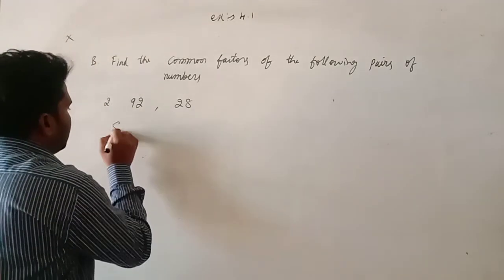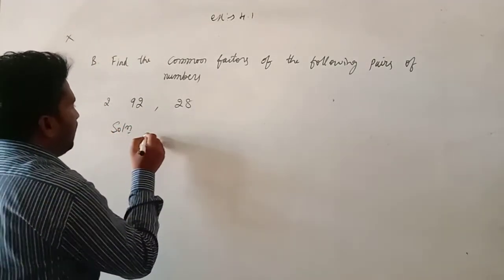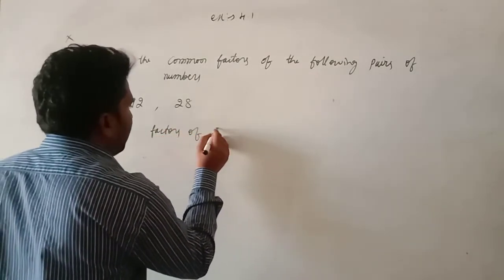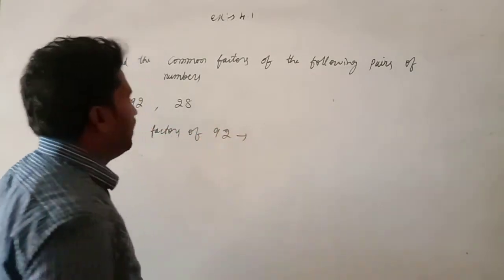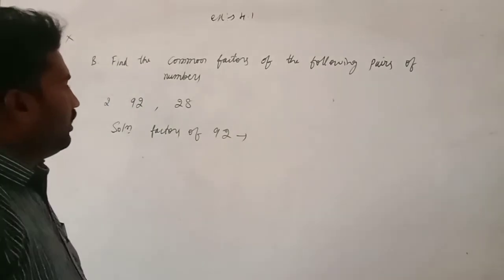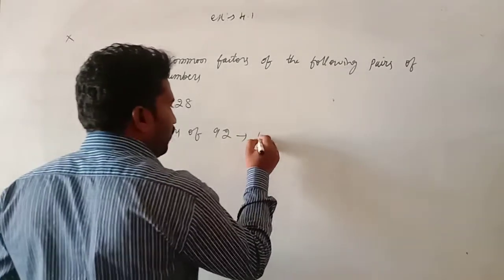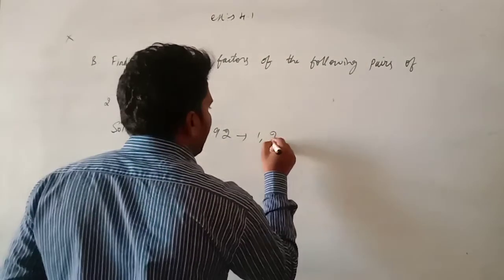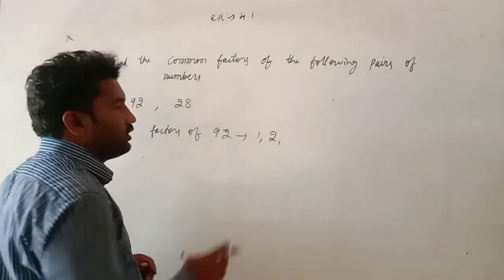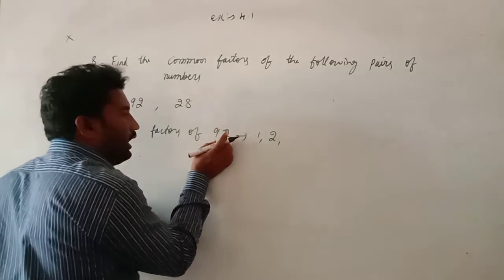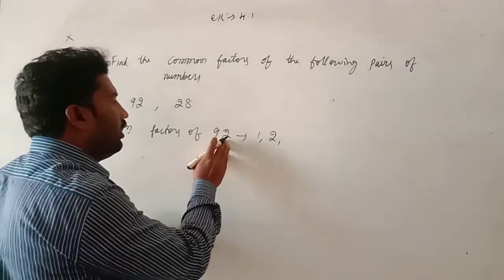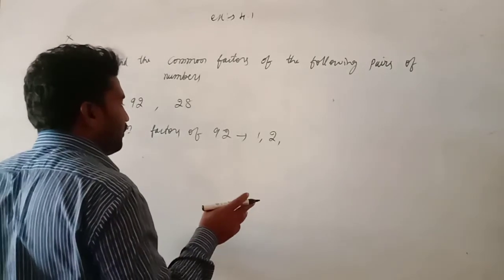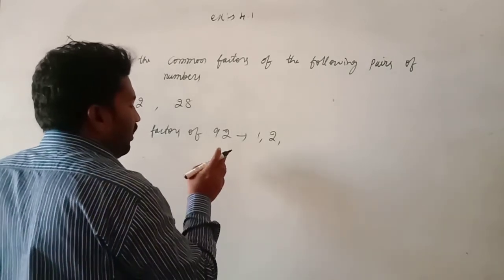Factors of 92. Every number can be divided by 1. It is even, and even numbers can be divided by 2. By 3 is not possible, because the sum of 9 and 2 is 11, which is not in the 3 table.